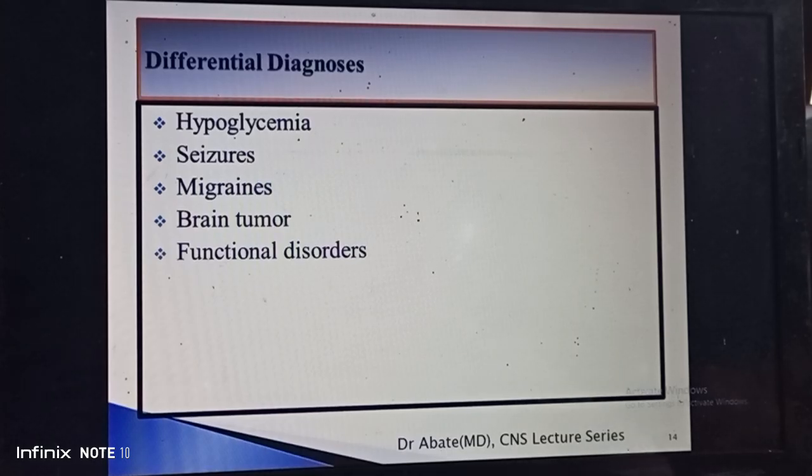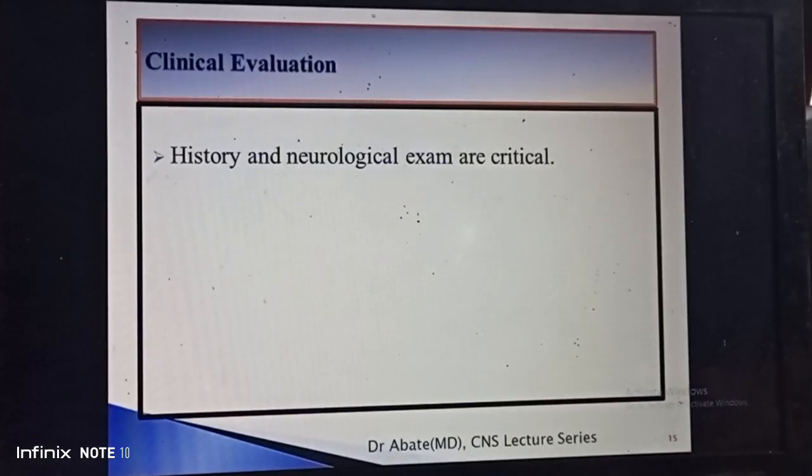So it is important to think about different differential diagnoses when you are dealing with a patient in whom you suspect a stroke. When you do the clinical evaluation of the patient with stroke, your history and physical examination are very important.